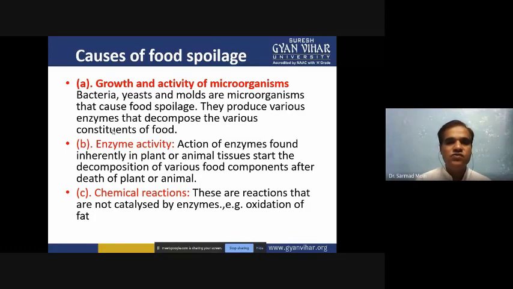So they produce various enzymes that decompose the various constituents of the food material. Now, enzyme action is there. Many enzymes are also present in the food item itself: the natural plant material, fruits, vegetables and meat have their own enzymes. They are part of their cells.